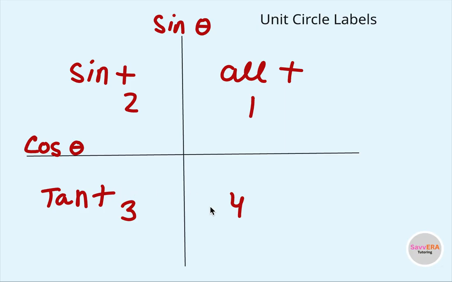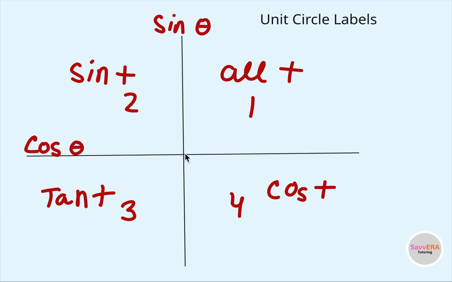And then in quadrant 4, your cosine values are positive. The way you could also remember it is all students take calculus. Once again, all students take calculus. So that's another thing.